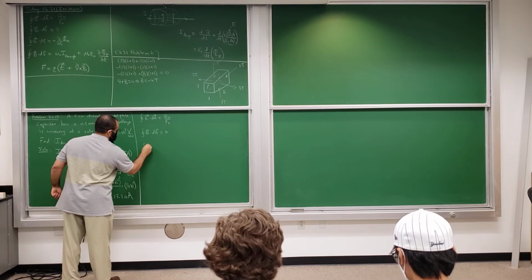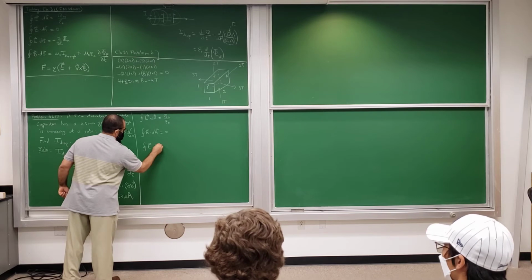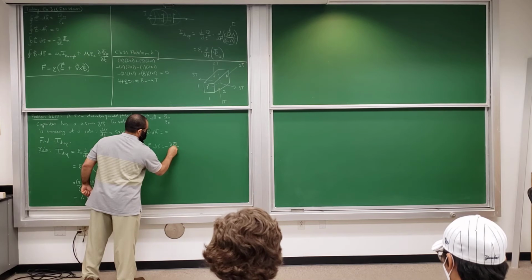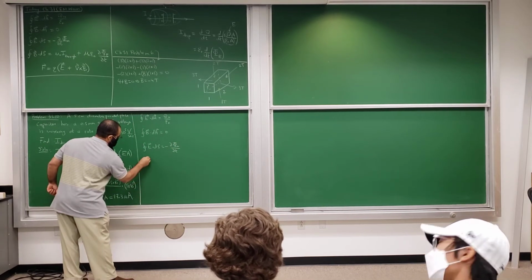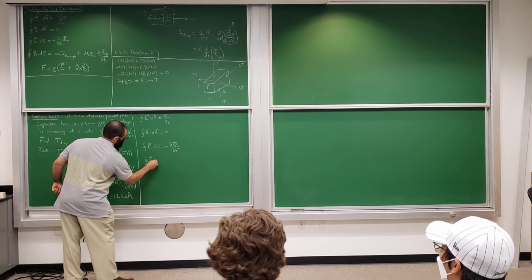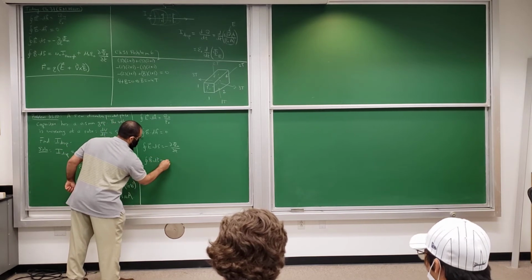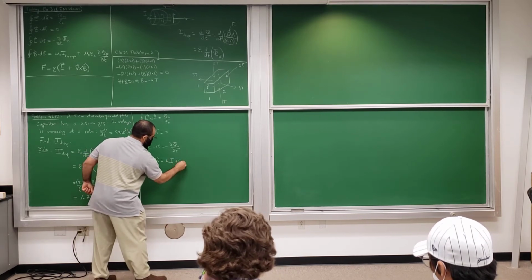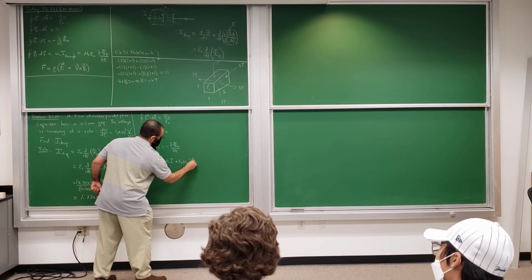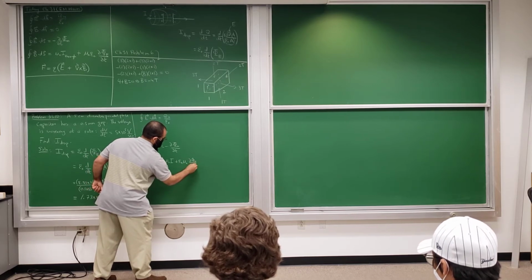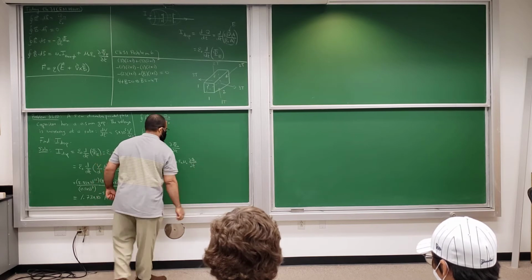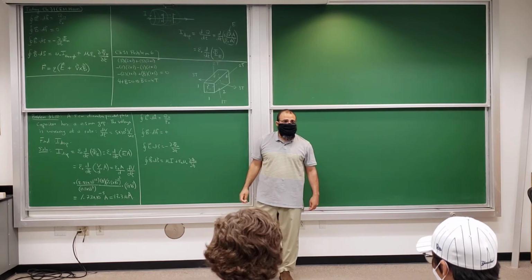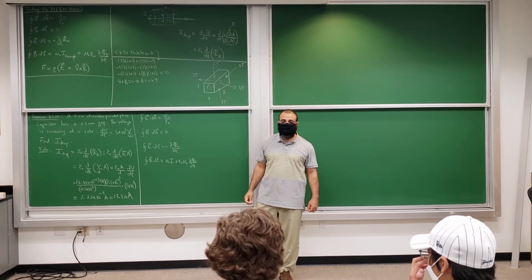You have E dot ds equal to minus the derivative of the magnetic flux, and then B dot ds is equal to mu naught I through plus epsilon naught mu naught times the derivative of the electric flux. I just rewrote those four equations.